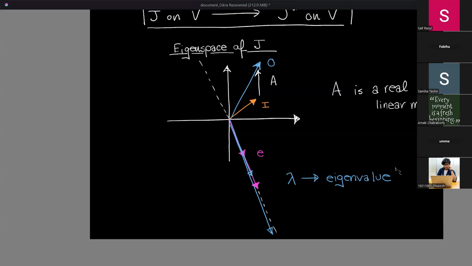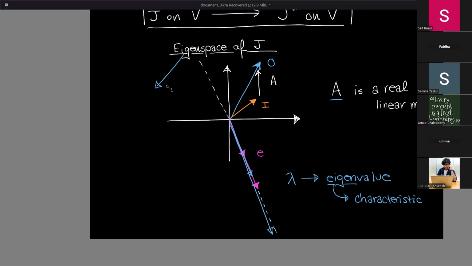All of these are called eigen-something: eigenvectors, eigenvalues. Eigen is, I think, a German word that means characteristic. The motivation for that is that you can characterize a linear map A by its eigenvectors and its eigenvalues. And the eigenspace is the space of vectors.